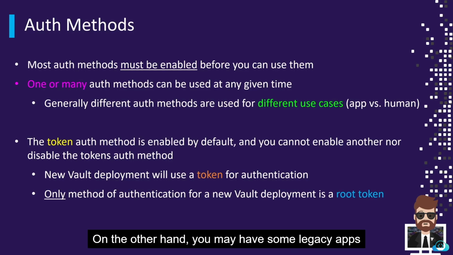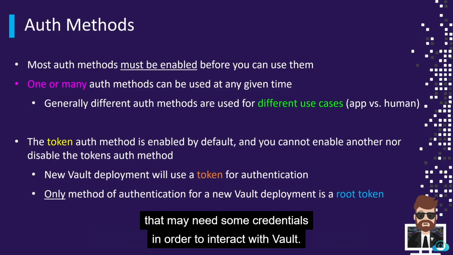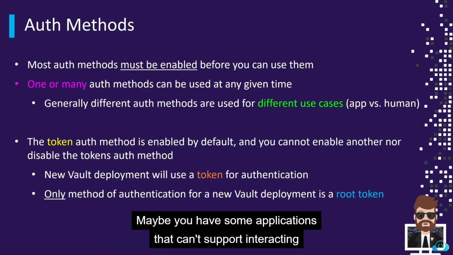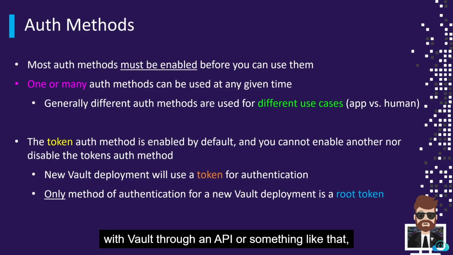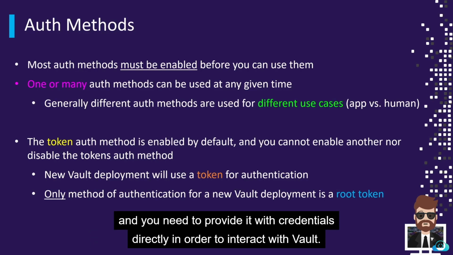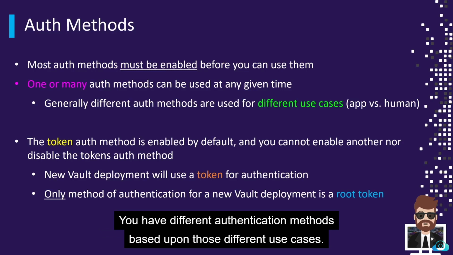On the other hand, you may have some legacy apps that may need some credentials in order to interact with Vault. Maybe you have some applications that can't support interacting with Vault through an API or something like that, and you need to provide it with credentials directly in order to interact with Vault. So you have different authentication methods based upon those different use cases.